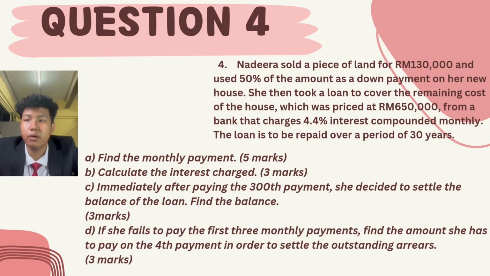A, find the monthly payment, 5 marks. B, calculate the interest charge, 3 marks. C, immediately after paying the 300th payment, she decided to settle the balance of the loan. Find the balance, 3 marks. D, if she fails to pay the first 3 monthly payments, find the amount she has to pay on the fourth payment in order to settle the outstanding arrears, 3 marks.